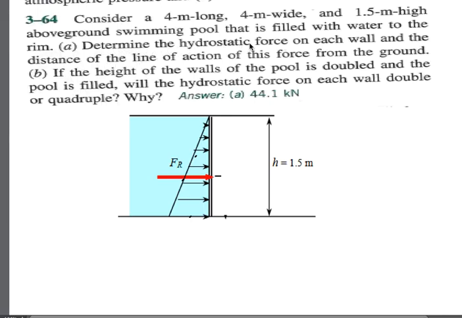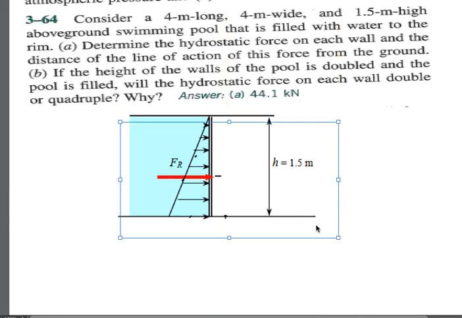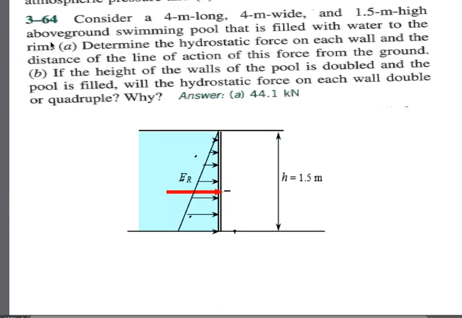We are asked to determine the hydrostatic force on each wall, which is the wall here, and the distance of the line of action for this force from the ground. And this is the ground.